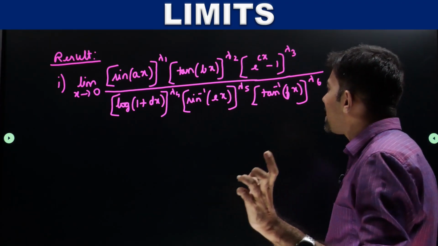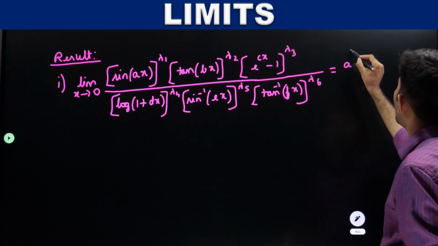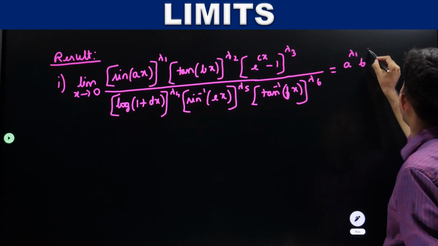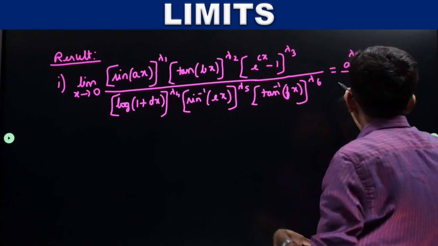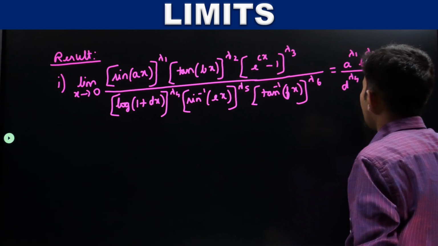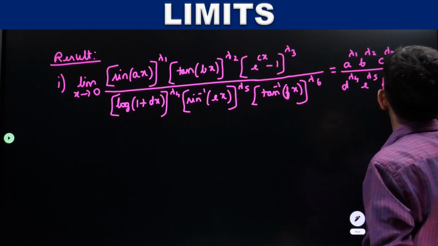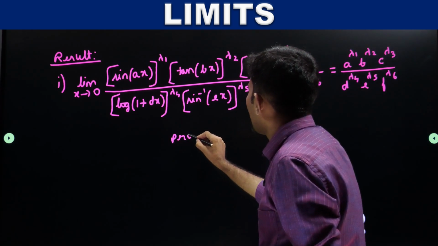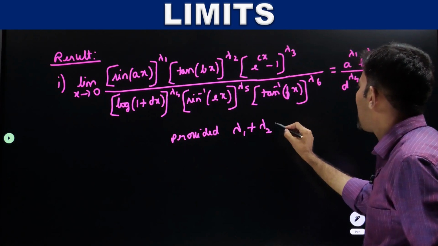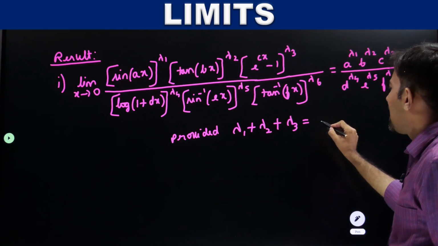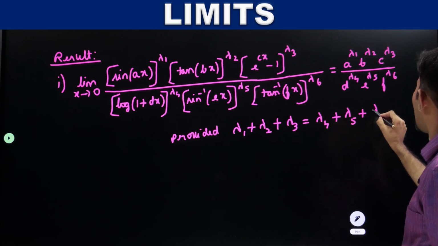Answer for this is going to be equal to a power lambda 1, b power lambda 2, c power lambda 3 divided by d power lambda 4, e power lambda 5, f power lambda 6, provided the sum of the powers in the numerator should be same as the sum of the powers in the denominator. Lambda 1 plus lambda 2 plus lambda 3 should be equal to lambda 4 plus lambda 5 plus lambda 6.